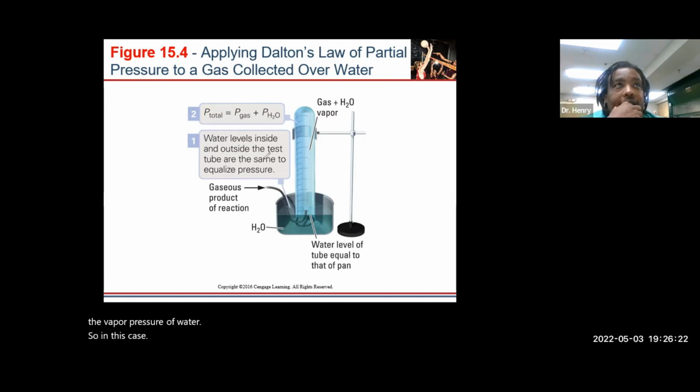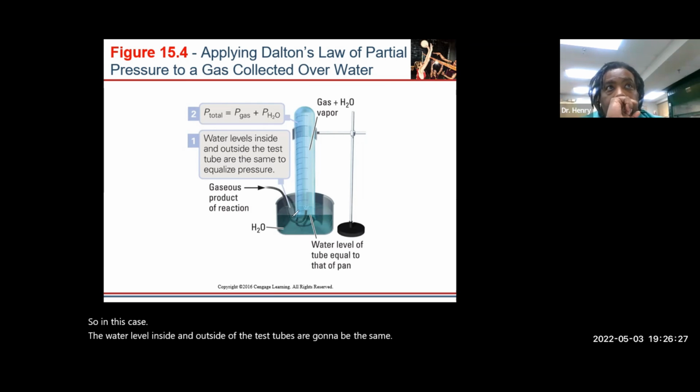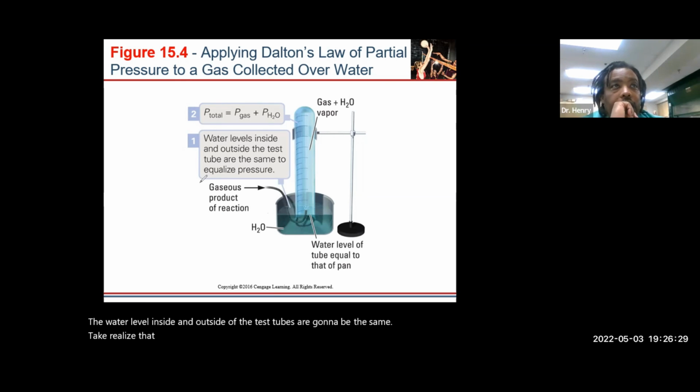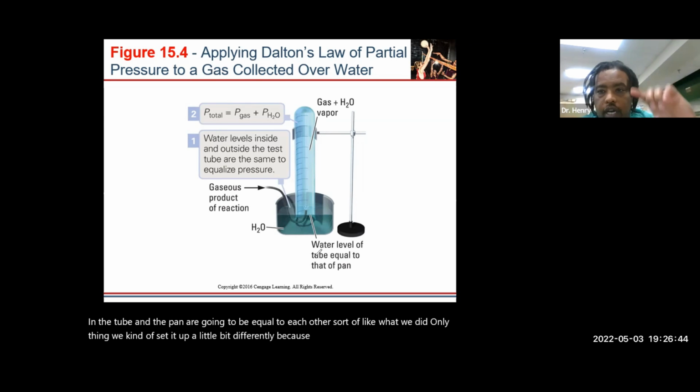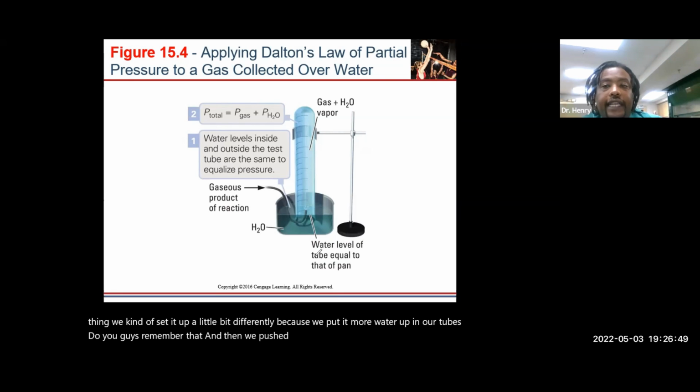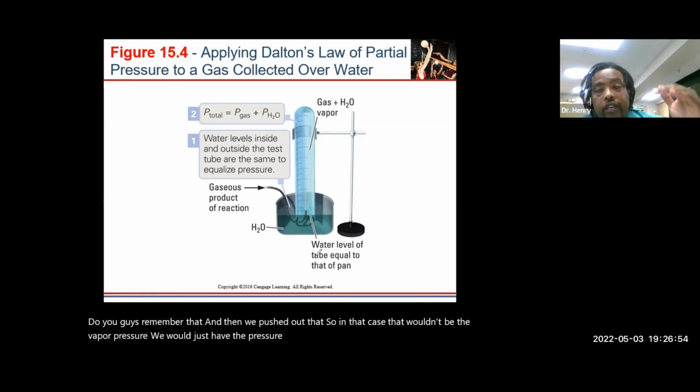The water level inside and outside of the test tubes are going to be the same to equalize that pressure, because the water level in the tube and the pan are going to be equal to each other. Sort of like what we did, only we set it up a little bit differently because we put more water up in our tubes. You guys remember that? And then we pushed that out. So in that case, that wouldn't be the vapor pressure. We would just have the pressure of the gas and use that as our volume. Does that make sense?